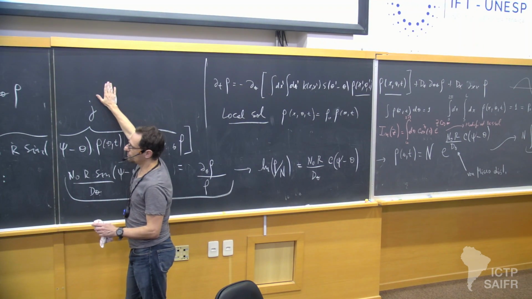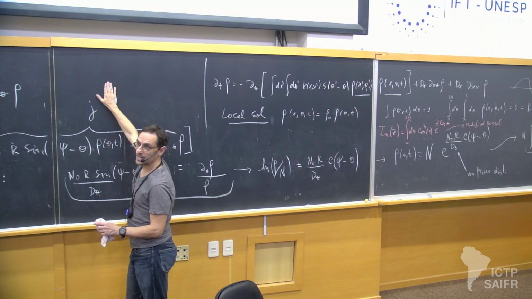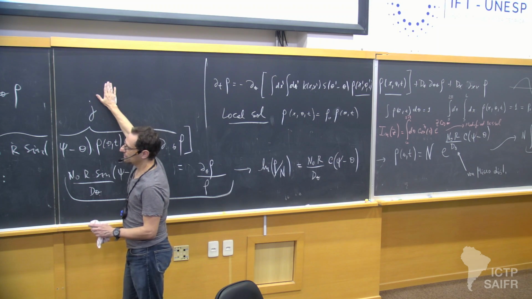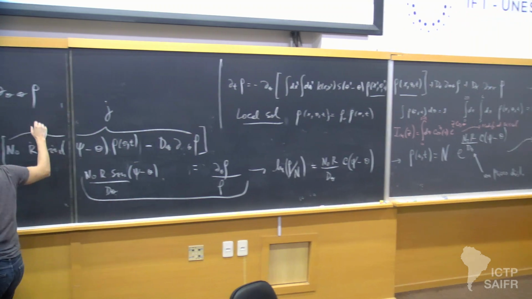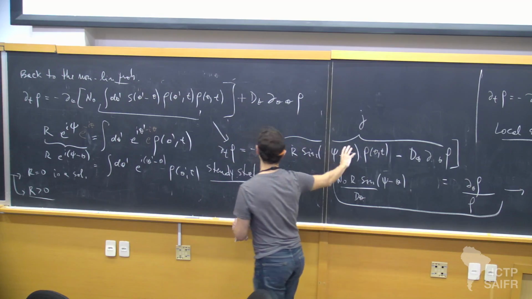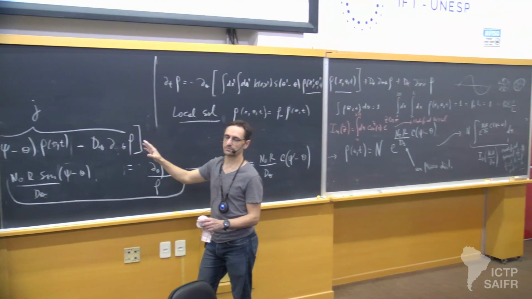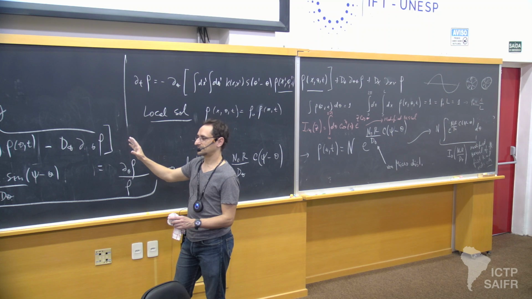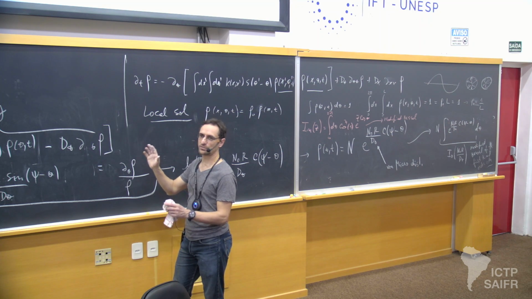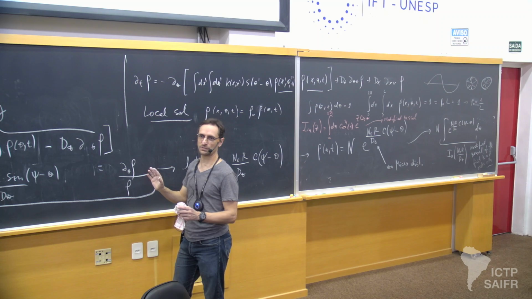So what I want to do is put back the dependency on x and repeat that part of the calculation. After doing that, I need, let's say, 30 minutes to go till the end. So it's not possible I can do it.